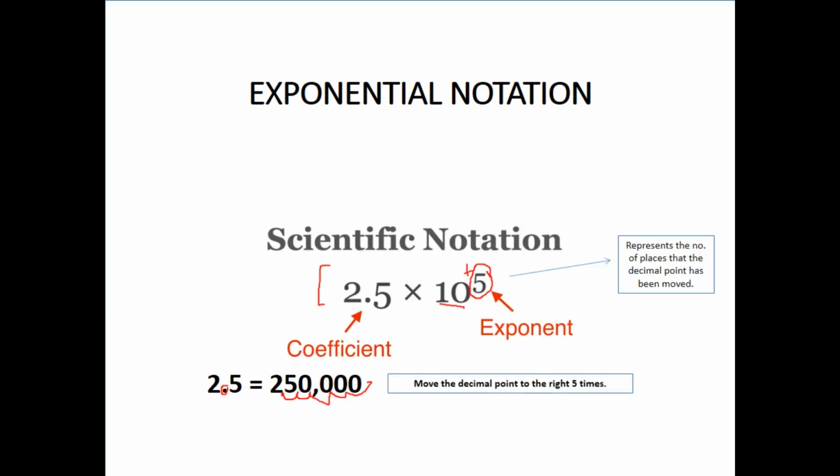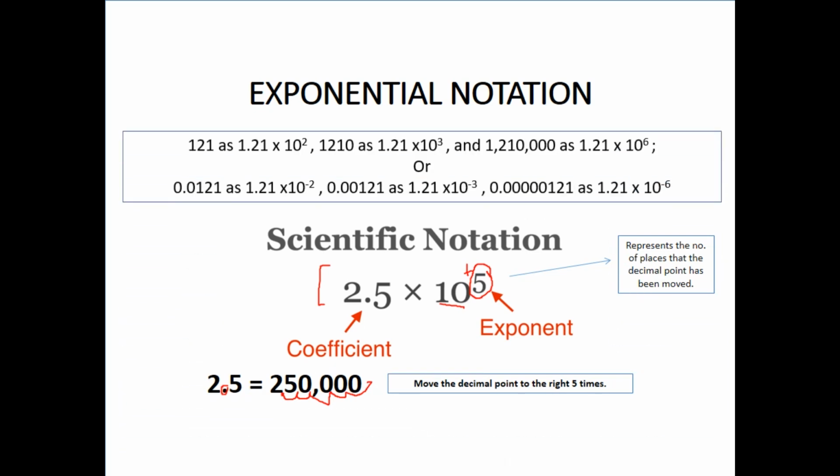Okay, so para masabtan nato kung unsa jud si exponential notation and scientific notation, we have to look at the example first. So, sa exponential notation, you have there 121 written as 1.21 times 10 raised to the power of 2.